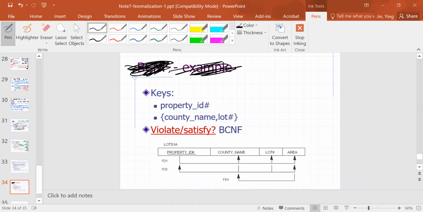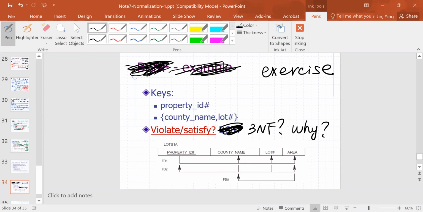This is an in-class exercise. I'm going to give you two keys and the functional dependencies, and I want to ask you, is this third normal form or not, and why? I give you 3 minutes on this.